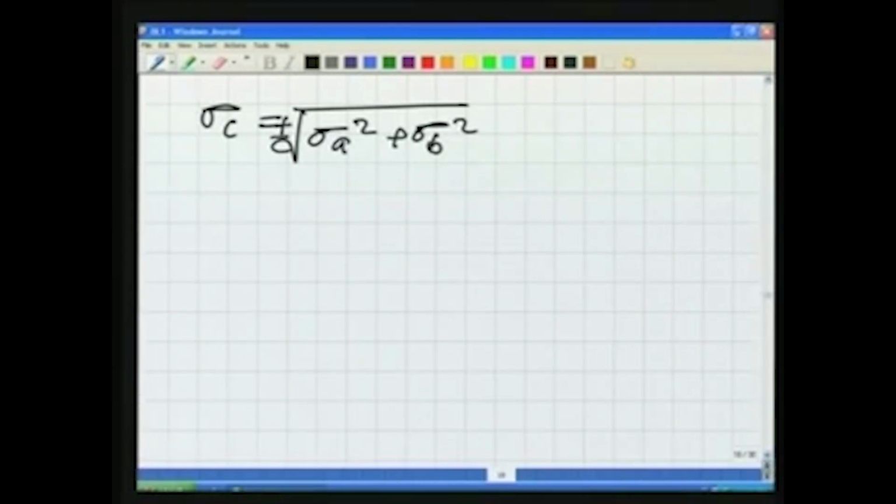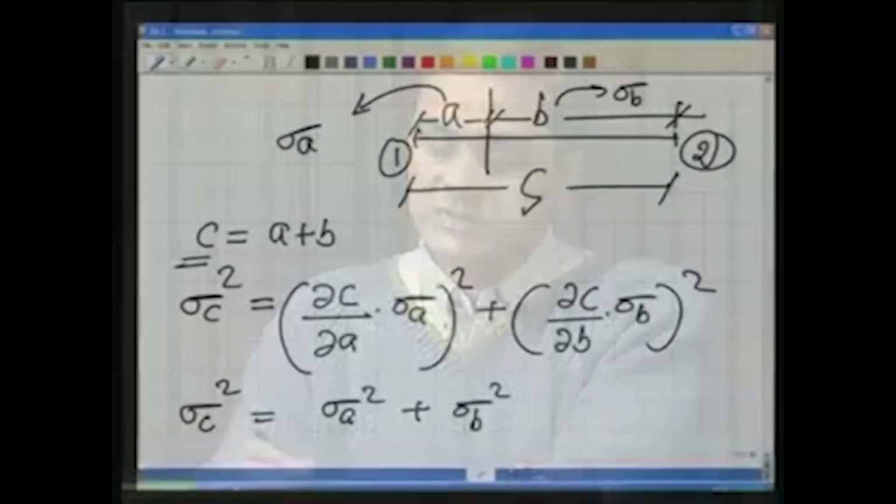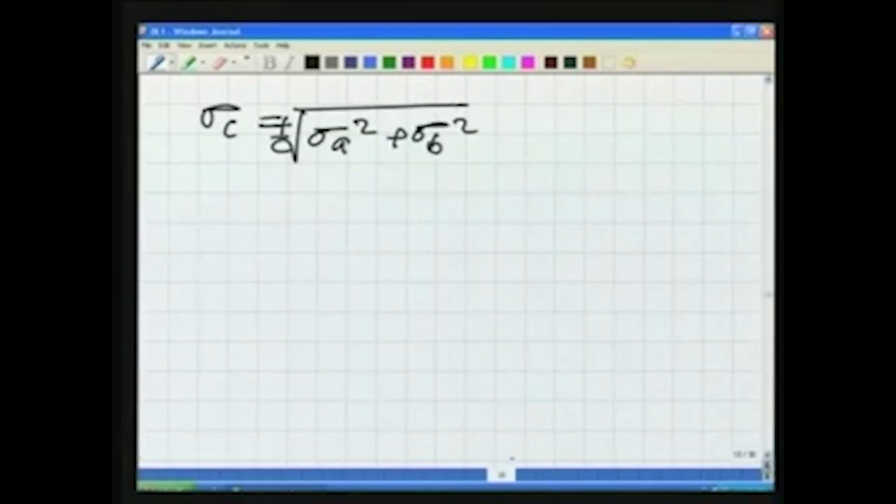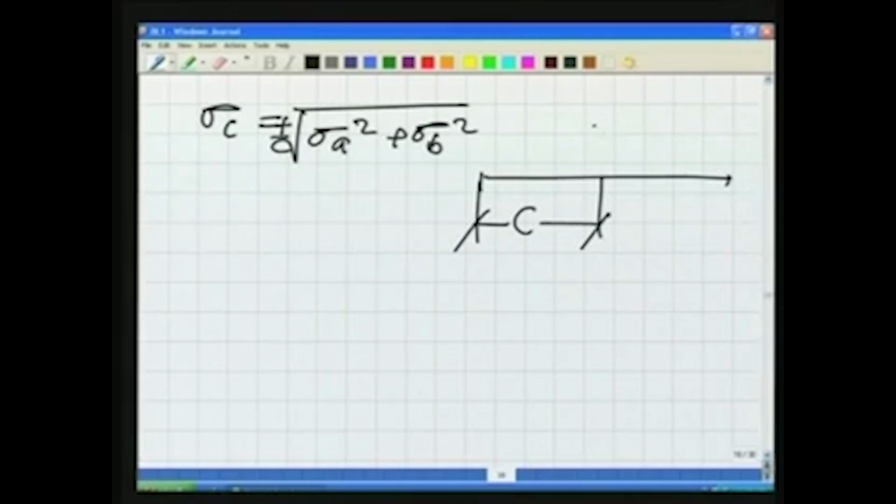One more important thing. We saw here in the previous case that the sum C is A plus B. Let us say we have a different thing. The different thing is, we are interested in finding our C, which is this length, while the thing that we measure is A, the full length, and as well as we measure B here.